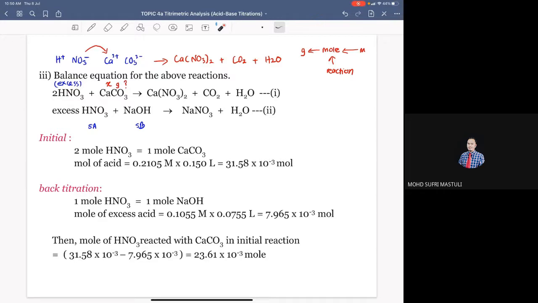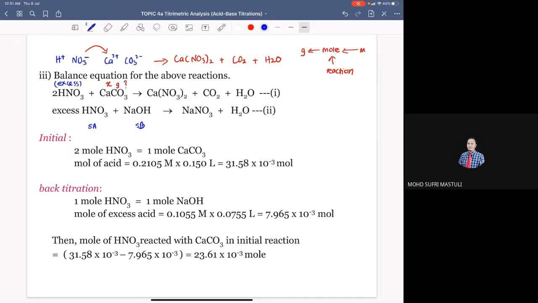Okay, so from the first equation, we know 2 mole of nitric acid reacted with 1 mole of calcium carbonate. So this is the relationship. So we have to determine the mole of nitric acid. How to calculate the mole?